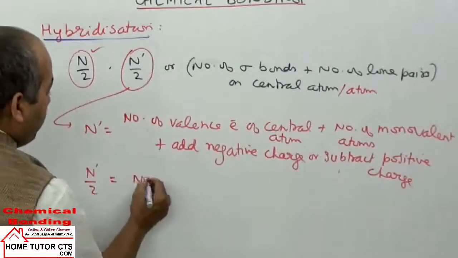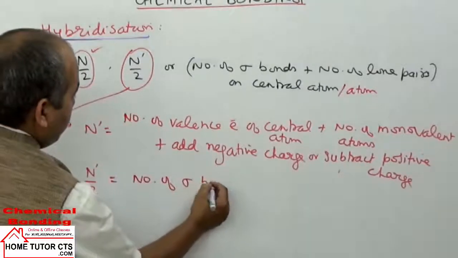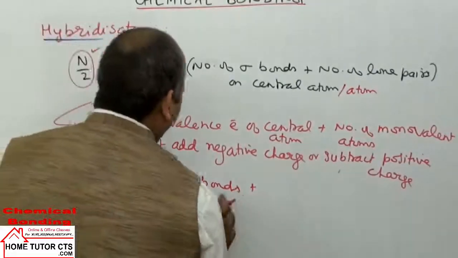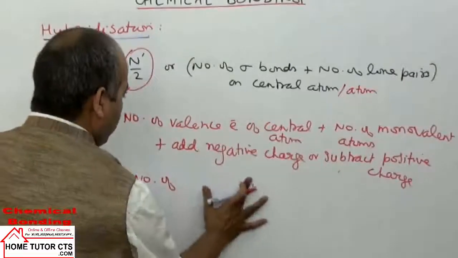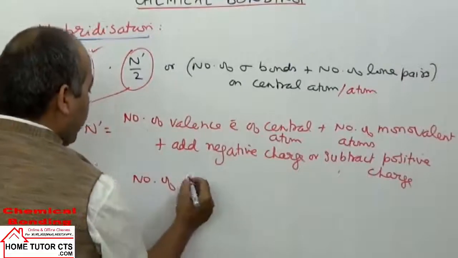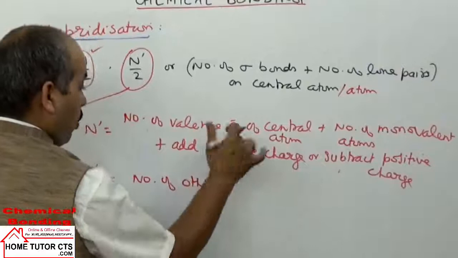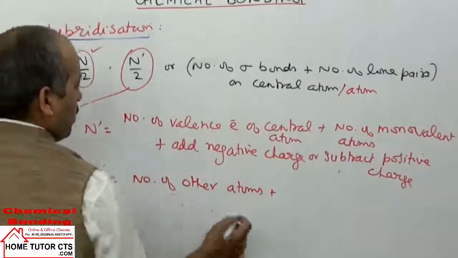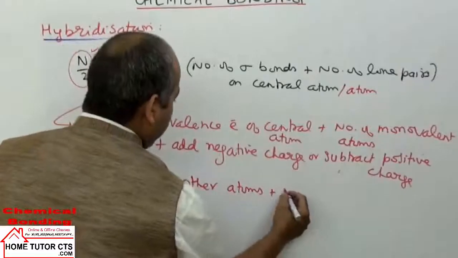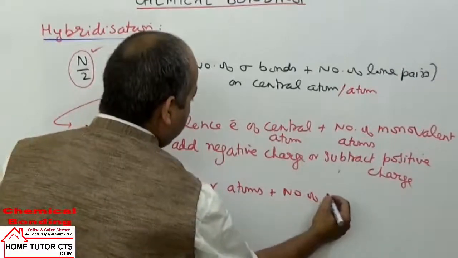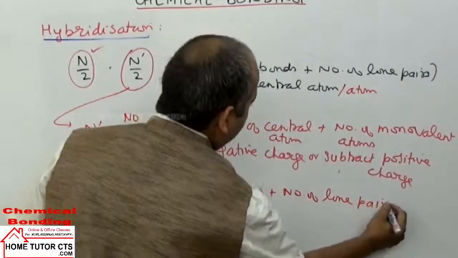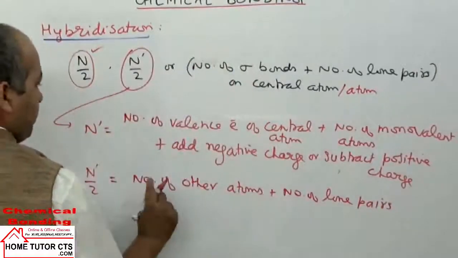This n dash by 2, taken after calculation of n dash, is the number of sigma bonds, or we can take the number of other atoms, all other atoms, not only monovalent, plus the number of lone pairs on the central atom.